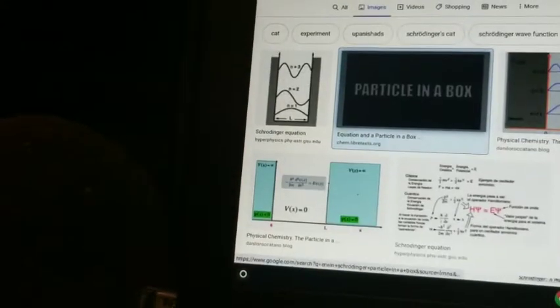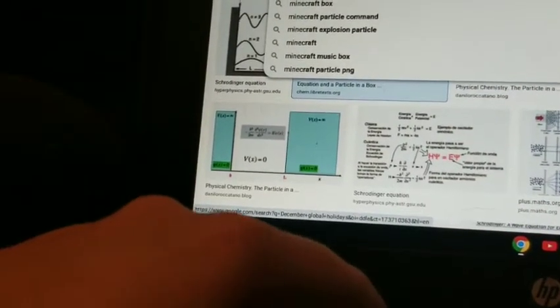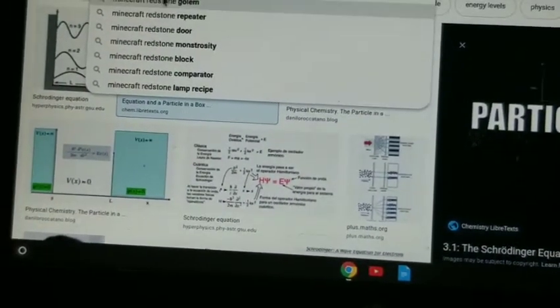With that being said, Minecraft redstone formulas. If I type in Minecraft redstone formula, you will find out.